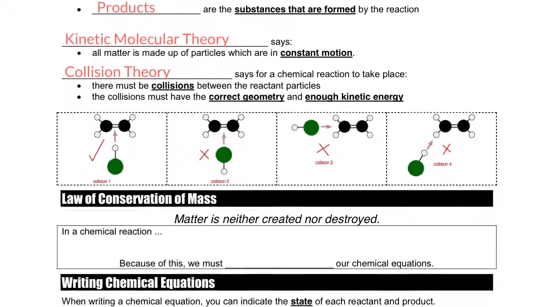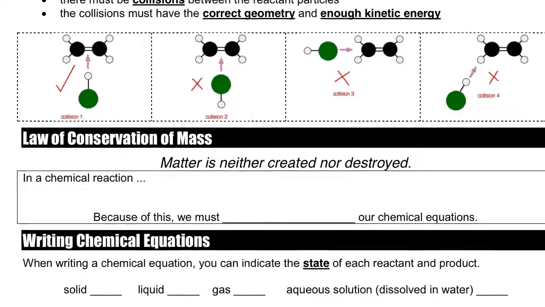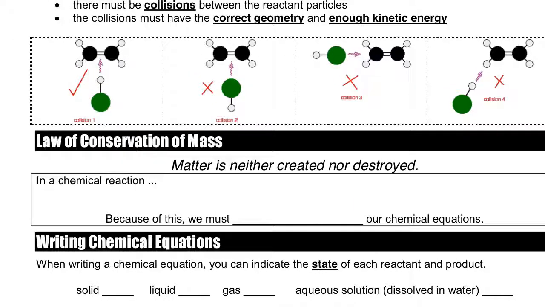Now there's another item that we need to be familiar with in order to talk about chemical reactions, and it's the law of conservation of mass. It says that matter is neither created nor destroyed. So that means in a chemical reaction, there's no new atoms being formed, and we're not destroying atoms.